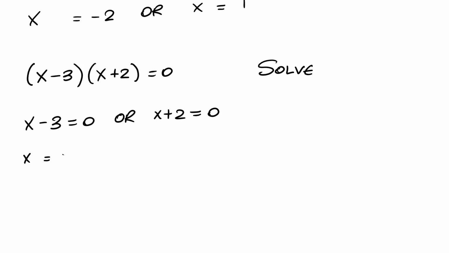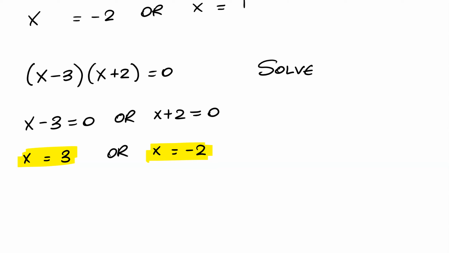So we get x equals positive 3, or x equals negative 2. And these are our 2 solutions right there. So just something to keep in mind when you're trying to solve quadratic equations.